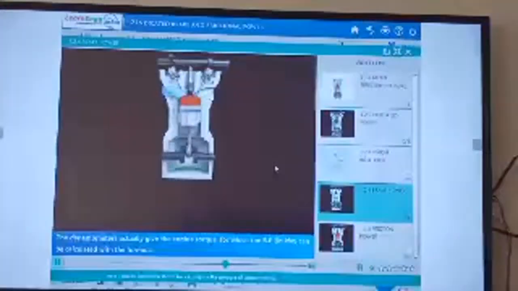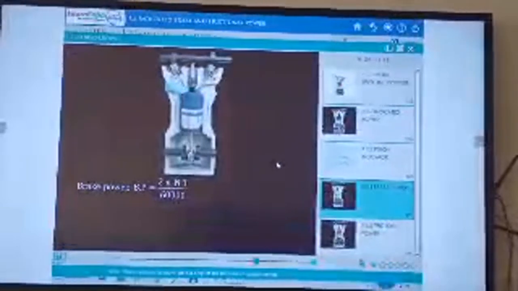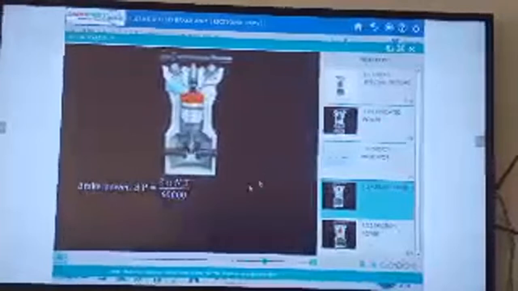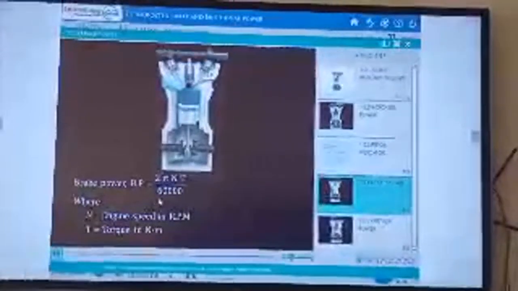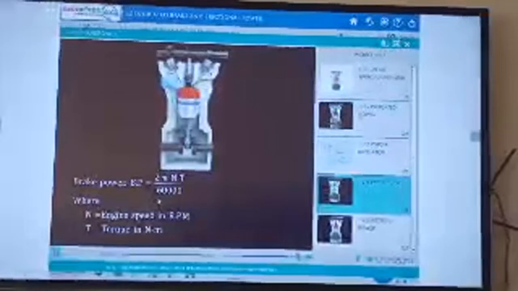The dynamometers actually give the engine torque, from which the BP, in kilowatt, can be calculated by the formula. Brake power, that is BP, is equal to 2 pi NT divided by 60,000, where N is equal to engine speed in RPM, T is equal to torque in Newton meters.